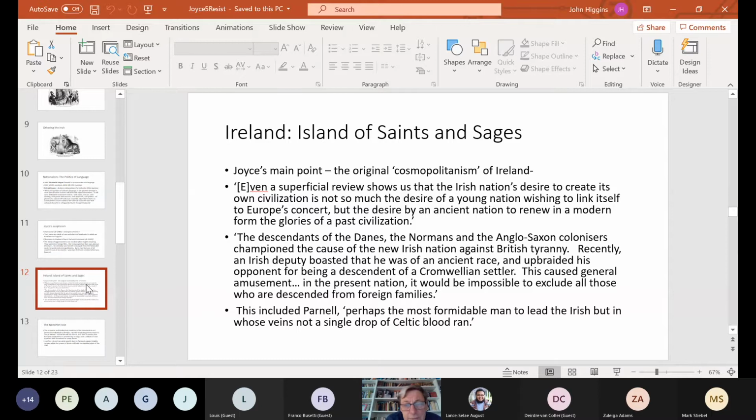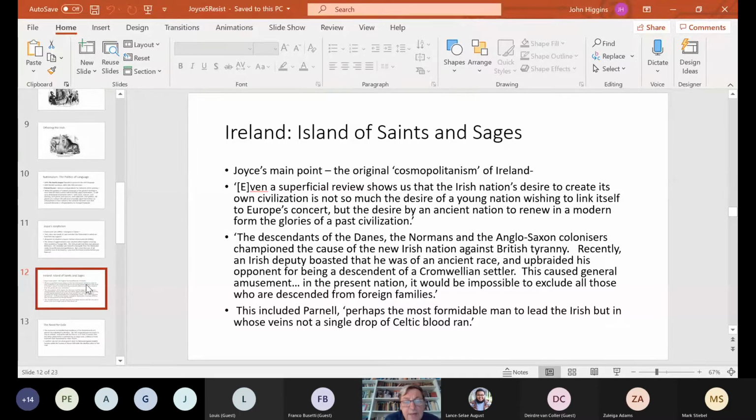Even a superficial review, he states, shows us that the Irish nation's current desire to create its own civilization is not so much the desire of a young nation wishing to link itself to Europe's concert, but the desire by an ancient nation to renew in a modern form the glories of a past civilization. And Joyce's point here is that if you look at the question of Irish nationalism historically, you begin to see that nationalism is a complex and cosmopolitan thing in itself.